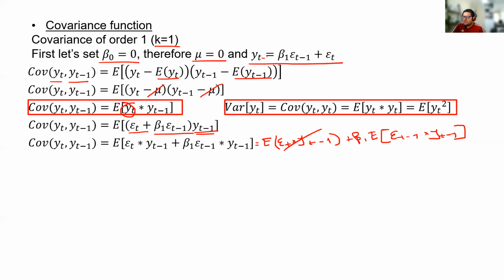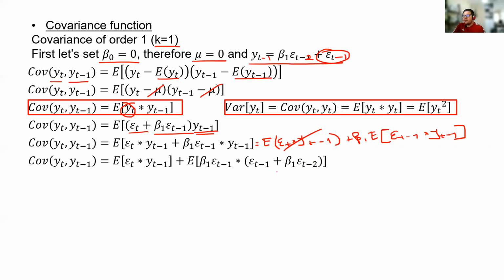Because yt minus 1 will be beta 1 et minus 2 plus et minus 1. So et minus 1 does have an effect there, so we cannot cancel this term. That's why I went through and expanded yt minus 1 and put it in here. Okay, so that's a bit of a step that I missed. Sorry about it. We already know, a bit of a spoiler, this will not account for anything.